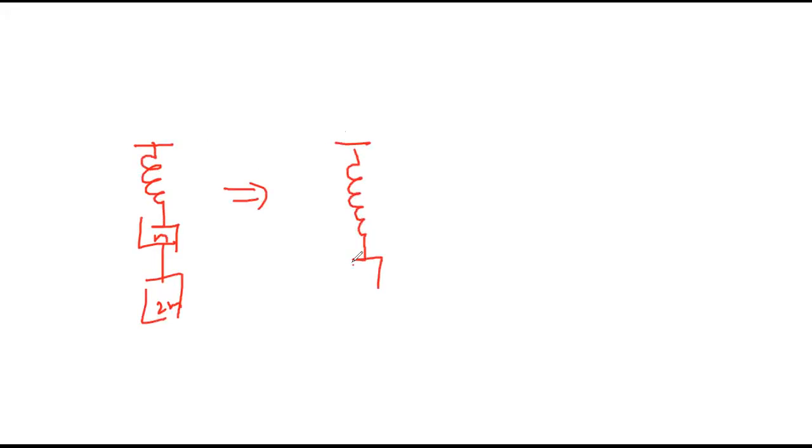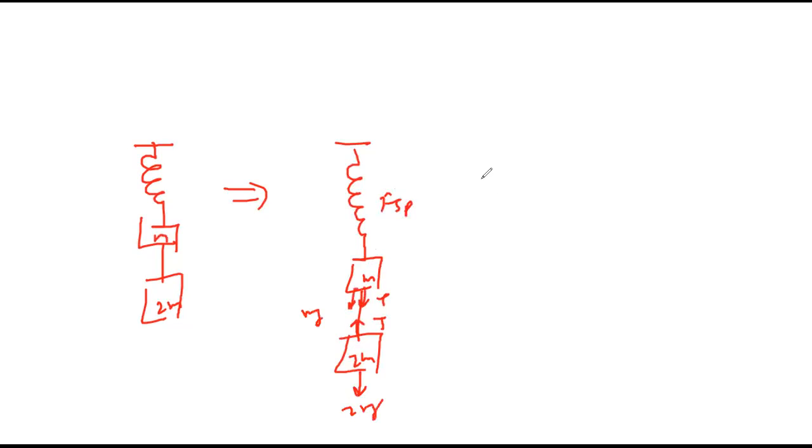One minute, let me make the diagram again. This is a spring connected to a body of mass m, then 2m. At equilibrium, this will elongate. This will not elongate. So here the force will come. This is tension T and weight mg.